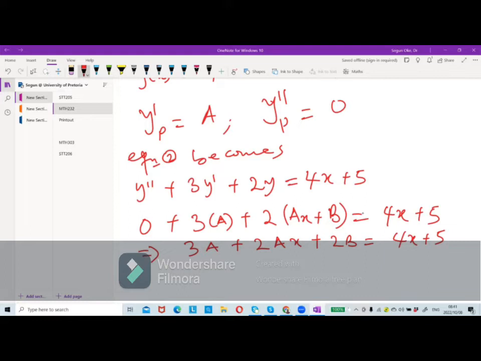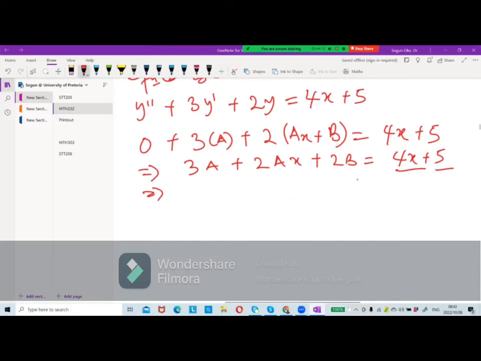Now, at this point, we need to compare what we have. Let's try and match which one contains x and which one is without x. It will represent what we have here. Anyone that contains x will equal this, and anyone without x will equal this. So let's look at it. Which one has x?